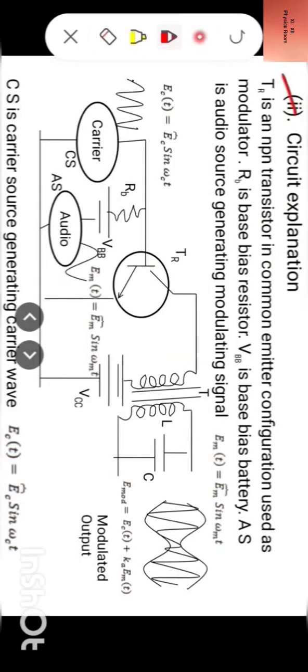Second, circuit explanation. TR is an NPN transistor in common emitter configuration used as modulator.